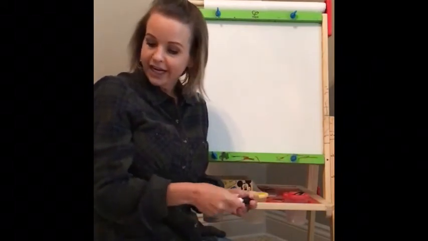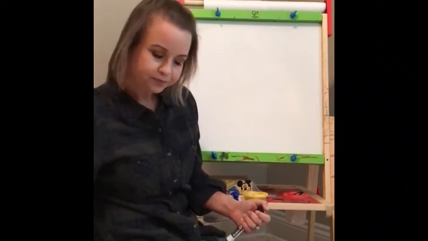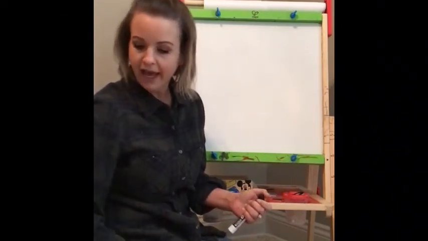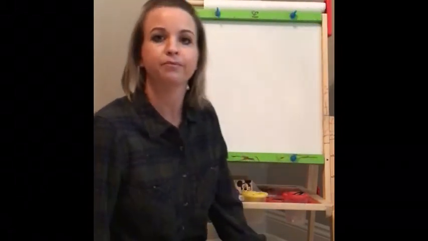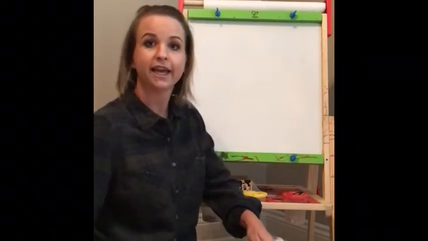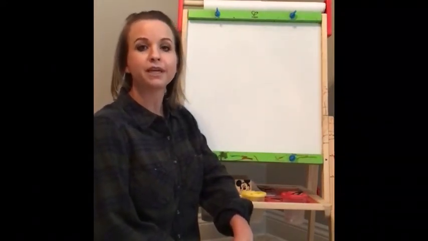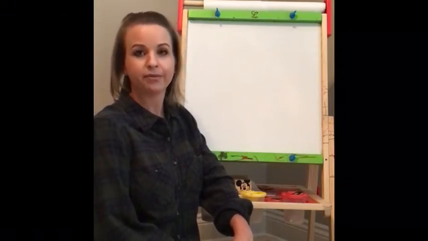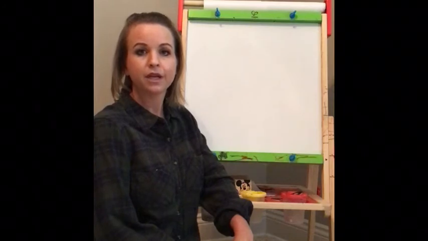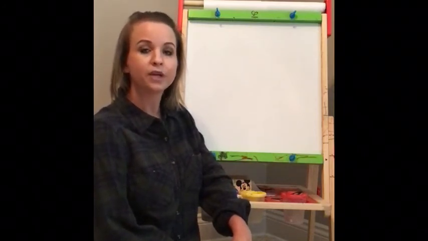All right, so next I am going to give you a few math problems, and I want you to write out the problem, and then we're going to solve it together just as a review, okay? So your problem is going to be 71 plus 23.